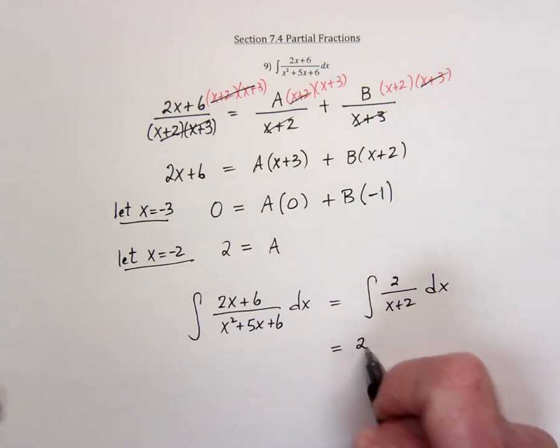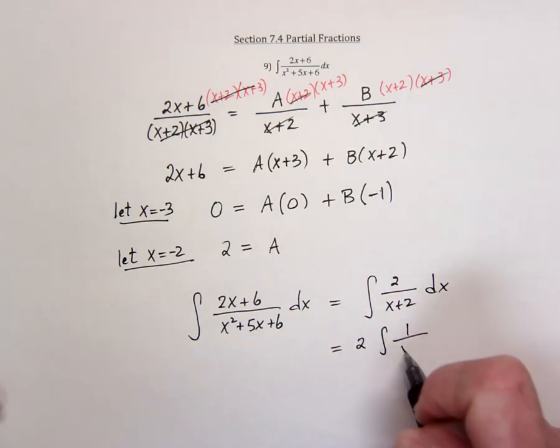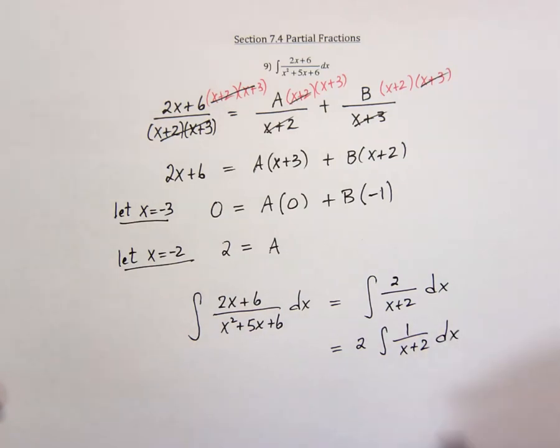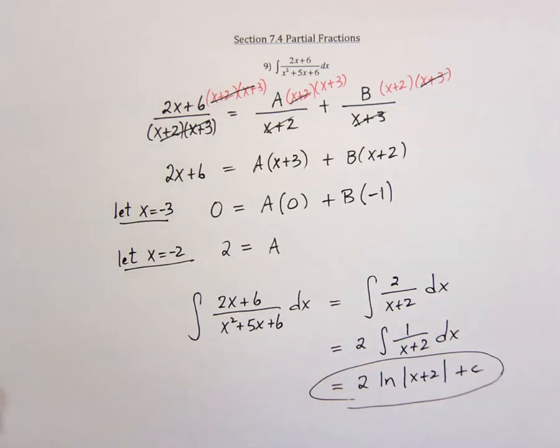And if you factor out the 2, you'll see that it's essentially just like 1 over x. So it turns out it is 2 times the natural log of x plus 2. And so that you don't take the log of a negative, we put that in absolute value, and there we have it.